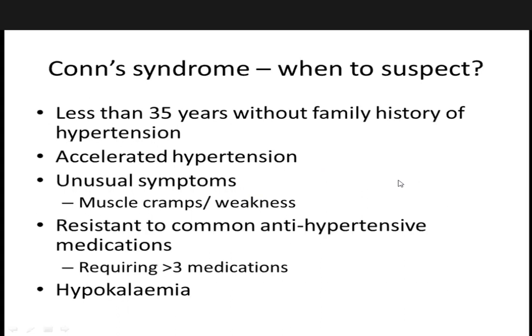Right. So again, when to suspect primary hyperaldosteronism? Especially when a young hypertensive patient comes, with hypertension at an age less than 35 years and no family history of hypertension.